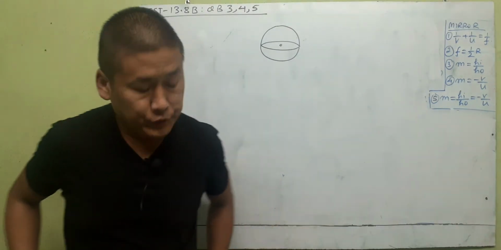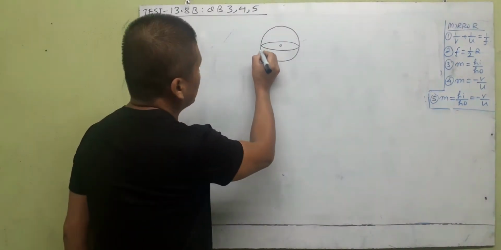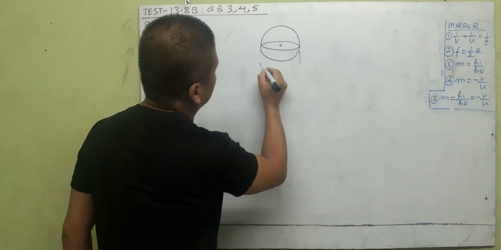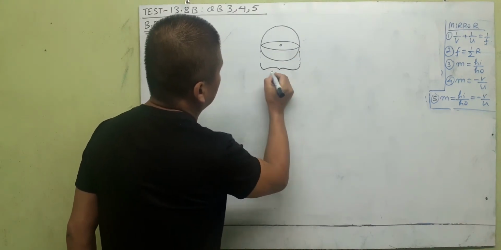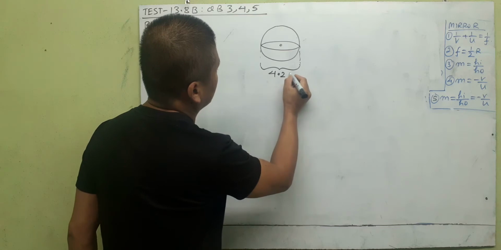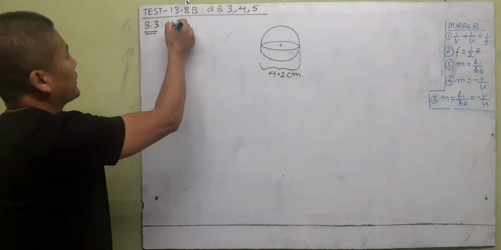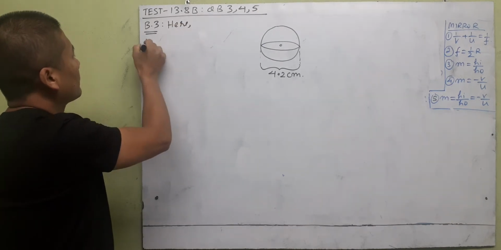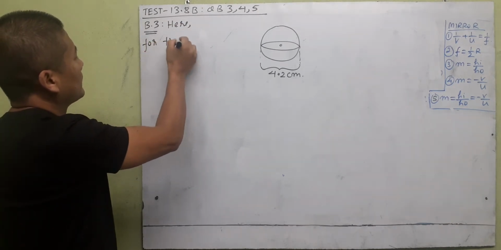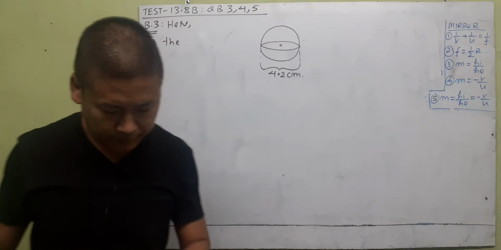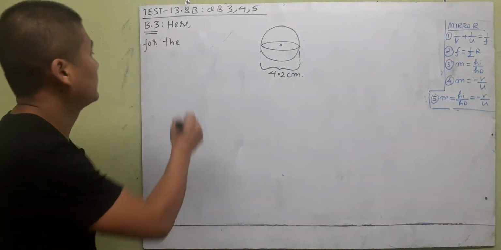Diameter is 4.2. That means from here to here is called diameter. It is 4.2 centimeter. Okay, so here we can write the diameter of the metallic ball.